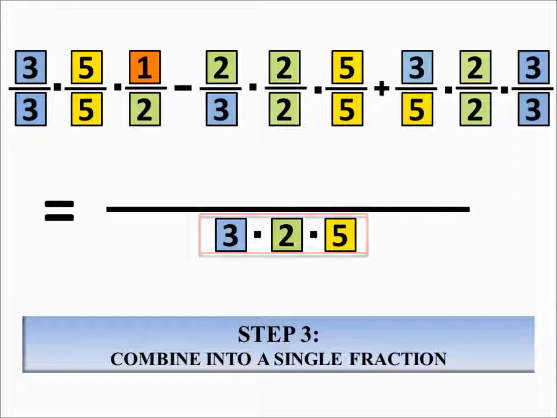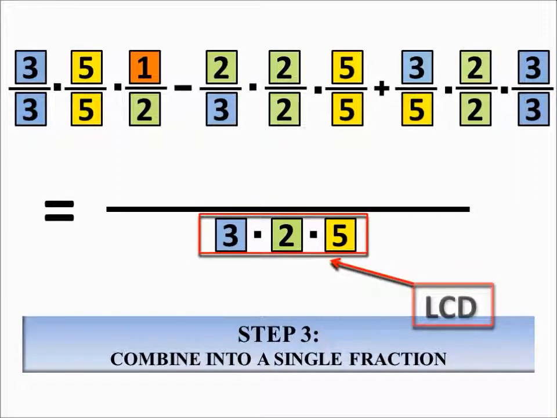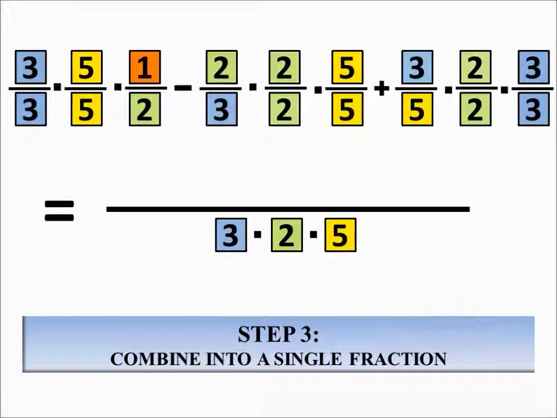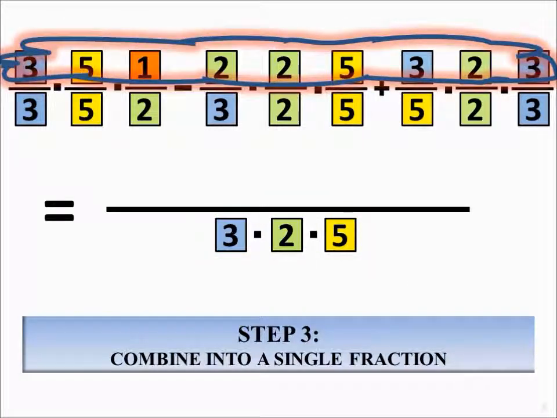In step 3, we combine our three fractions into a single fraction whose denominator is equal to the LCD. And the numerator will be all of the numerators, including the pluses and the minus operations between them.